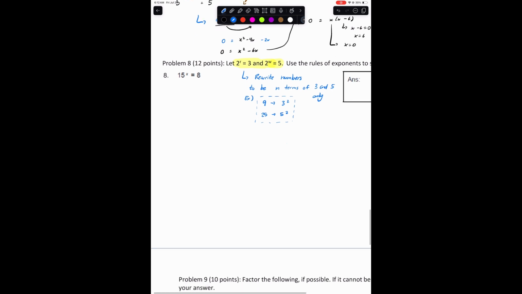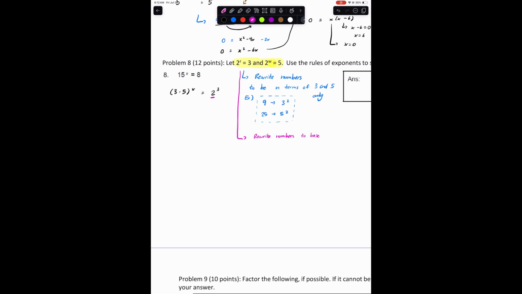Okay. So with my 15 to the power x, I can rewrite that as 3 times 5, right? And my 8, I can rewrite that as 2 cubed. And the reason I'm using 2 here is because of one other thing I need to mention: I also need to rewrite numbers to base 2.